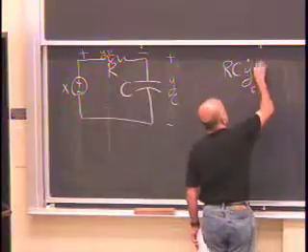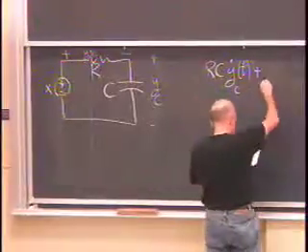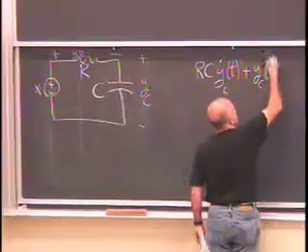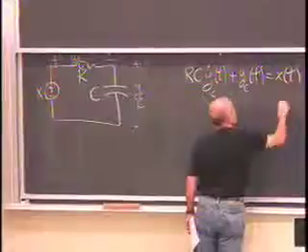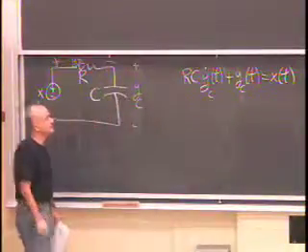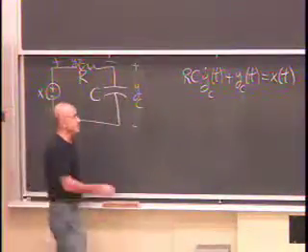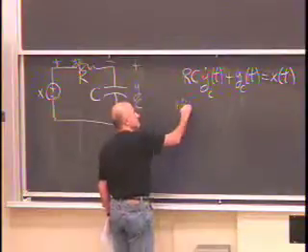So here we had RC YC dot plus YC equals X. And we worked this out. We let X be a complex exponential.